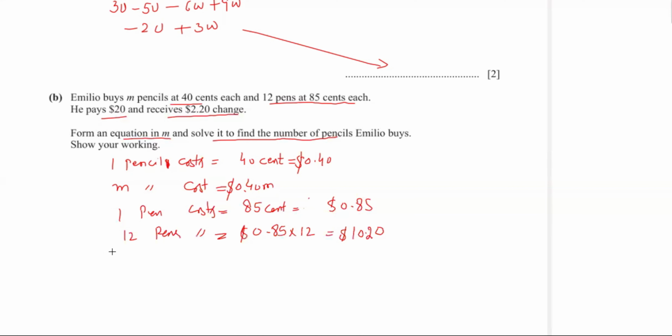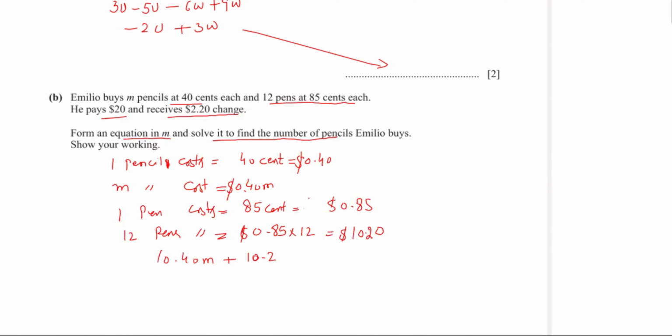Now the total amount of the bill is 0.40m plus $10.20. This is the amount he has to pay.